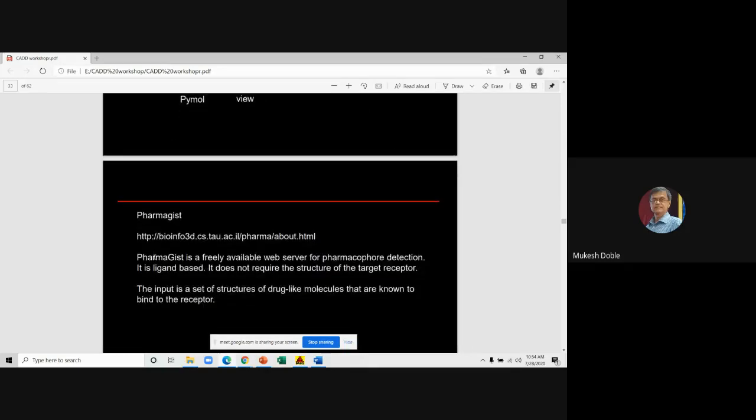PharmaGist is a freely available web server for pharmacophore detection. It does not consider the target protein, only the drug molecules. The input is a set of structures of drug-like molecules which are already reported for a particular activity.